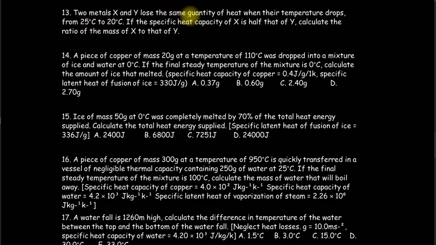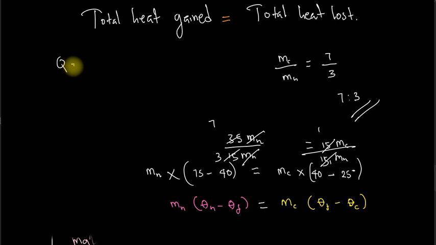Two metals X and Y lose the same quantity of heat. That just tells me that Q is the same for both, which means I can equate the formulas for both. Q is equal to MC, change in temperature.